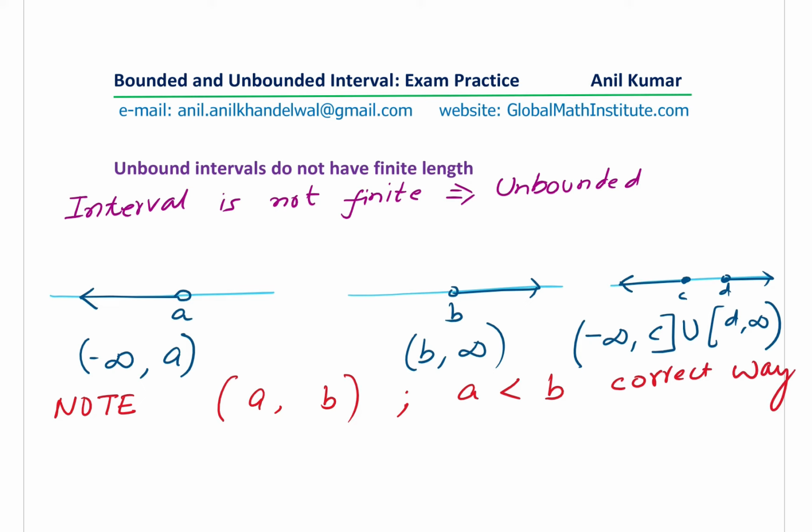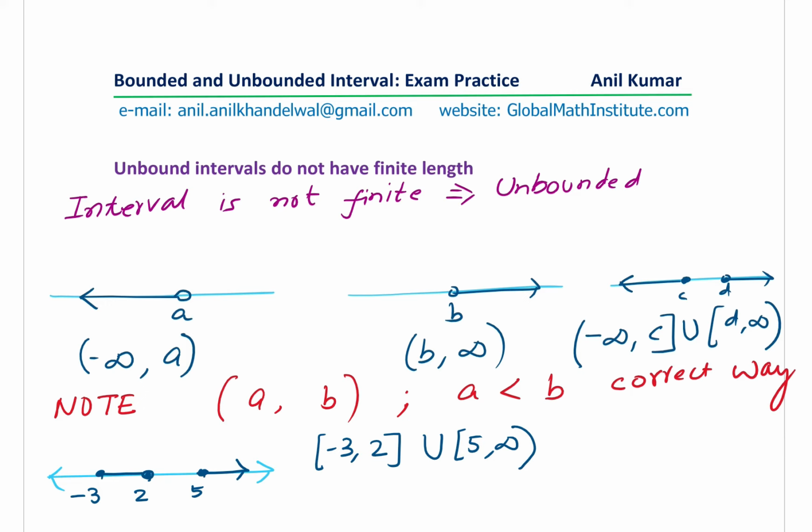What I'm trying to say is, if I give you an interval from -3 to, let's say, 2, and then from, let's say, 5 onwards, where 5 is included, something like this, you have to write that -3 is included to 2, correct? Union, we have 5 to an infinitely large value. If you write like this, then it is correct.